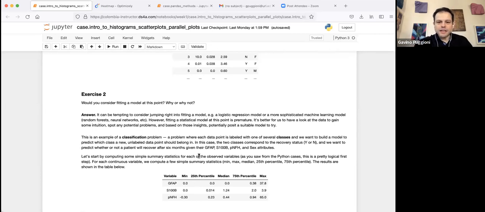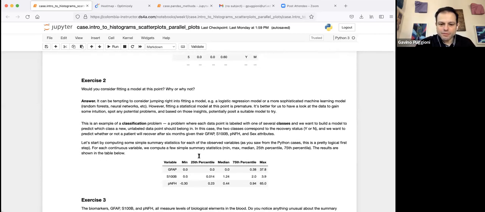So the GFAP value: notice that most of the time there are a lot of zeros on this one. Do you agree? Notice that the median is 0. So it means that at least 50% of observations are 0, because remember, the median is the value that leaves 50% of the observations to the left and 50% to the right in terms of magnitude.